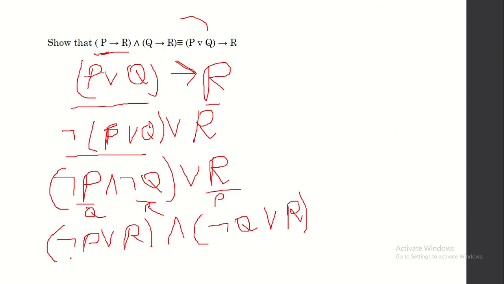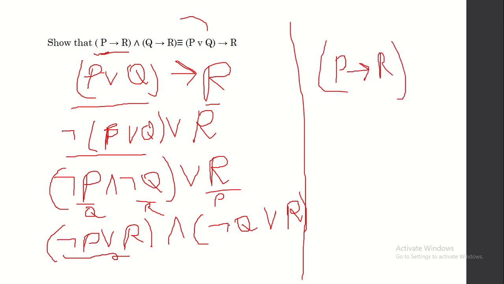So here we have a form of not P or Q, so we can write it as P implies Q. So instead of this not P or R, we can write it as P implies R, and then this is the and, and this part we can also write as Q implies R. So you can see that we already got what we needed to show the equivalence. So we can say that this is equivalent to this.